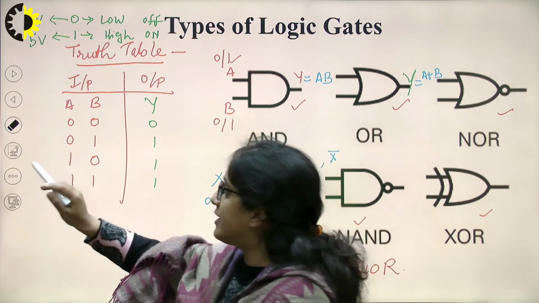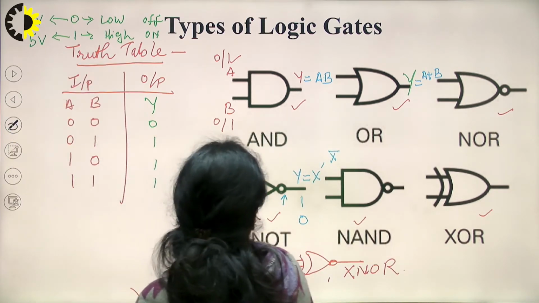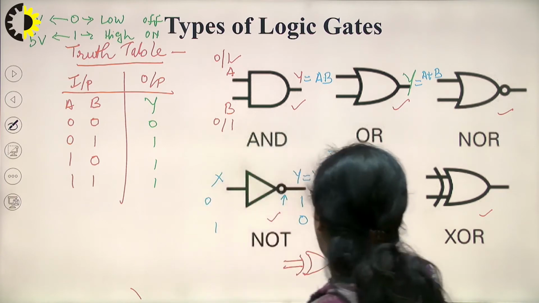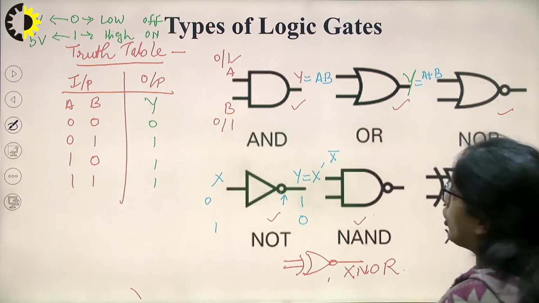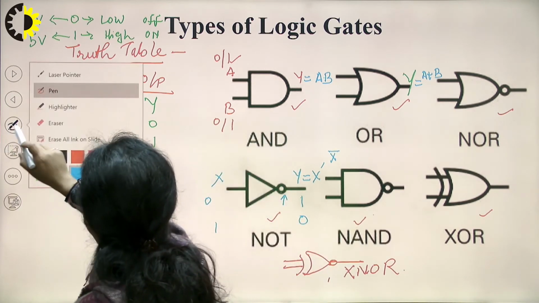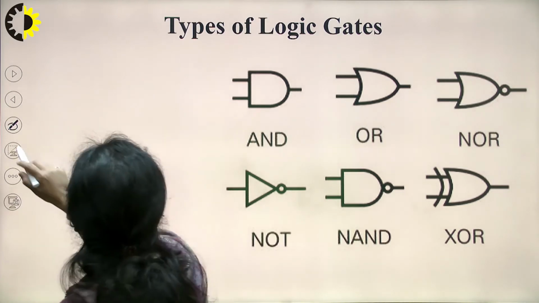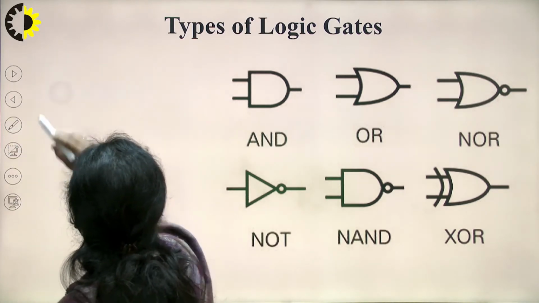So these are the basic gates that we are going to discuss, and now I am going to discuss the universal gates, that is NAND and NOR. Okay. So I can just erase all this. Now we are going to have a discussion on NAND and NOR.